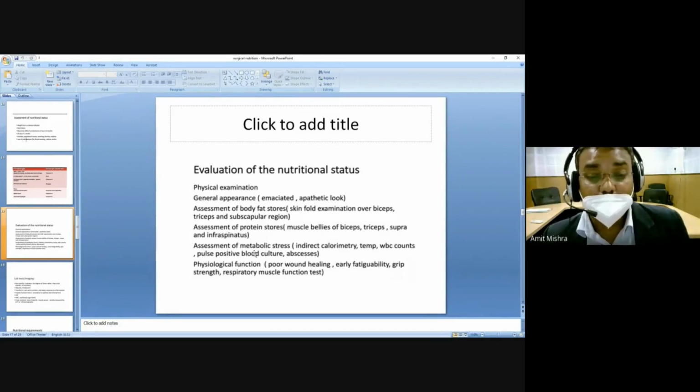Then assessment of the metabolic stress is basically done by the indirect calorimetry test.